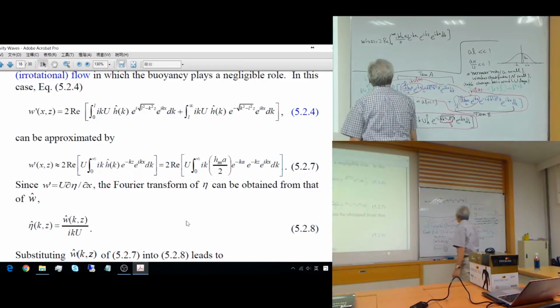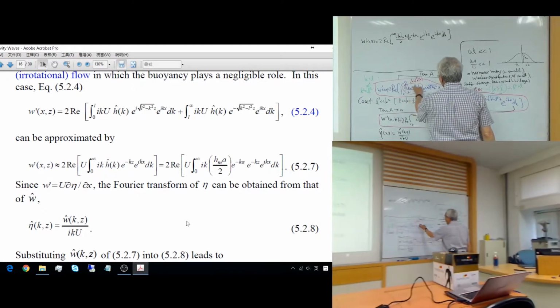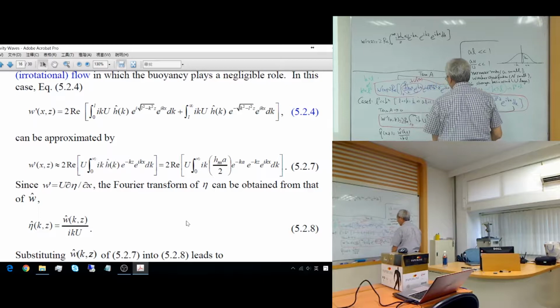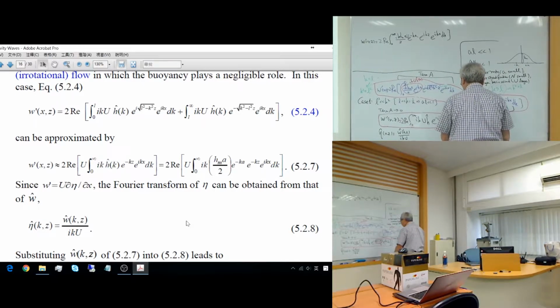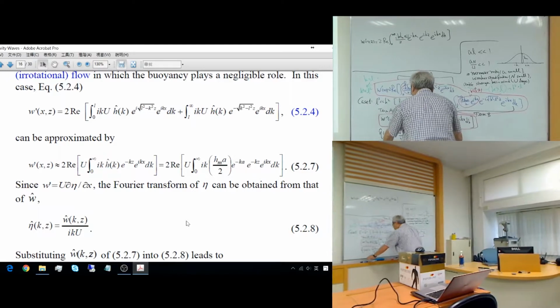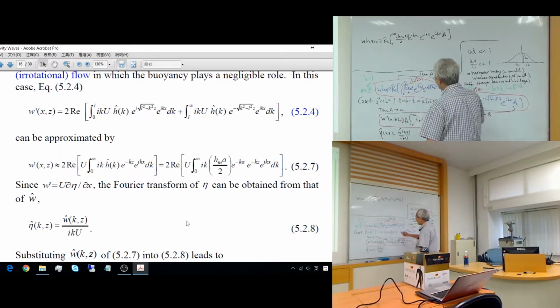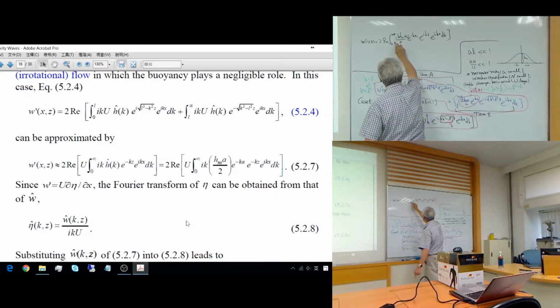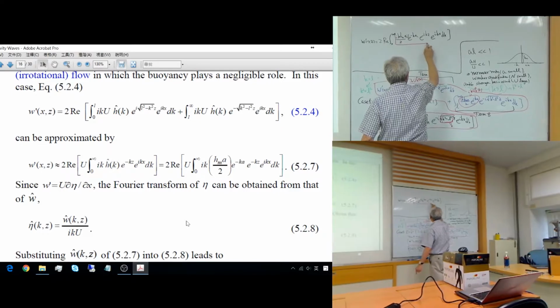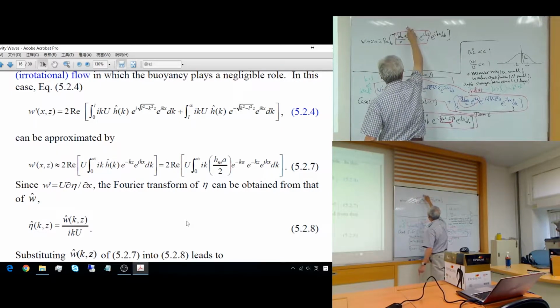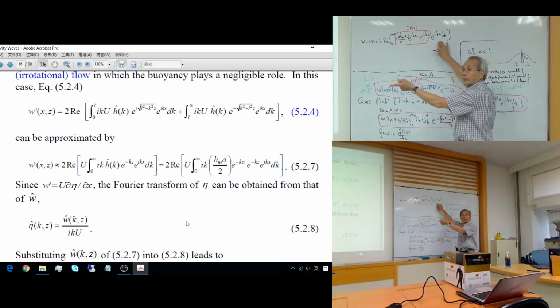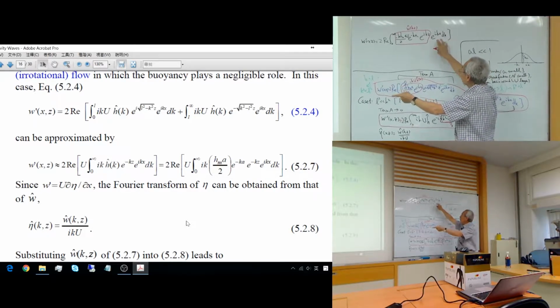And remember, the inside part is W hat. Inside part, this part is W hat of kg, and this is the inverse Fourier transform part, dk.